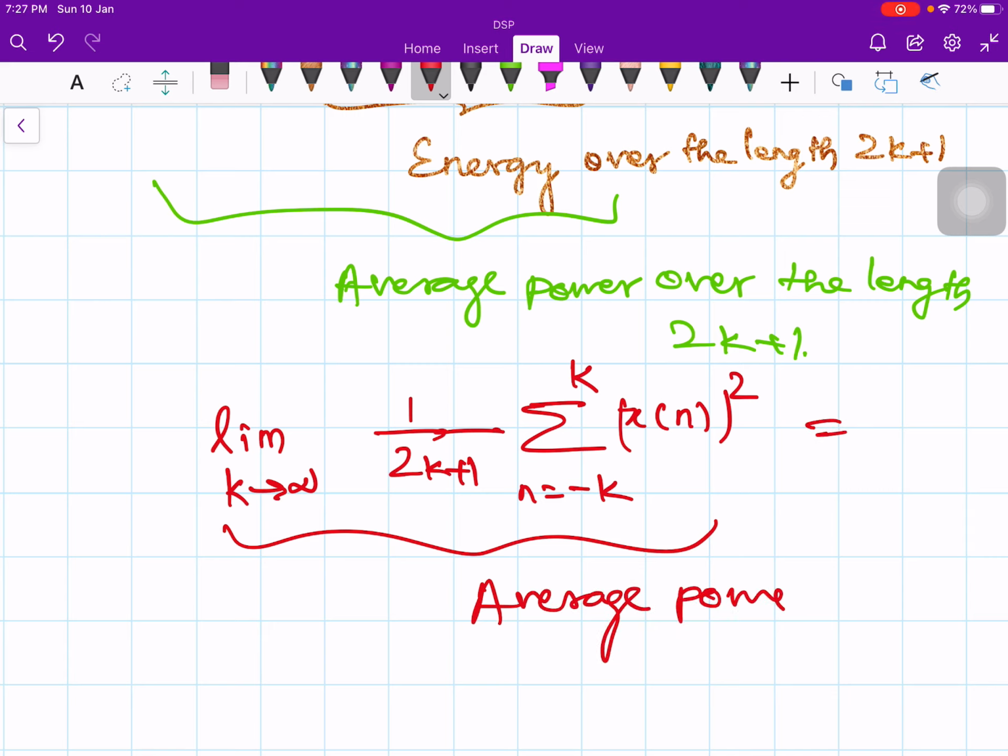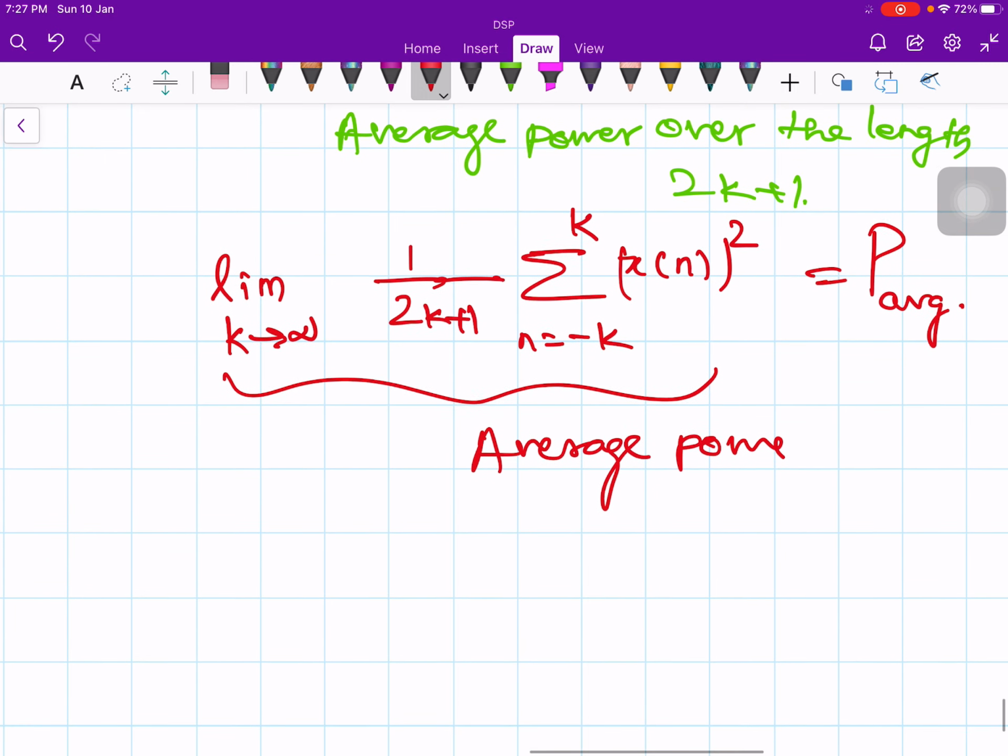Okay, and this is denoted capital P, average power of the signal. So it is a limiting process. Okay, you cannot go on adding up infinite length sequences.